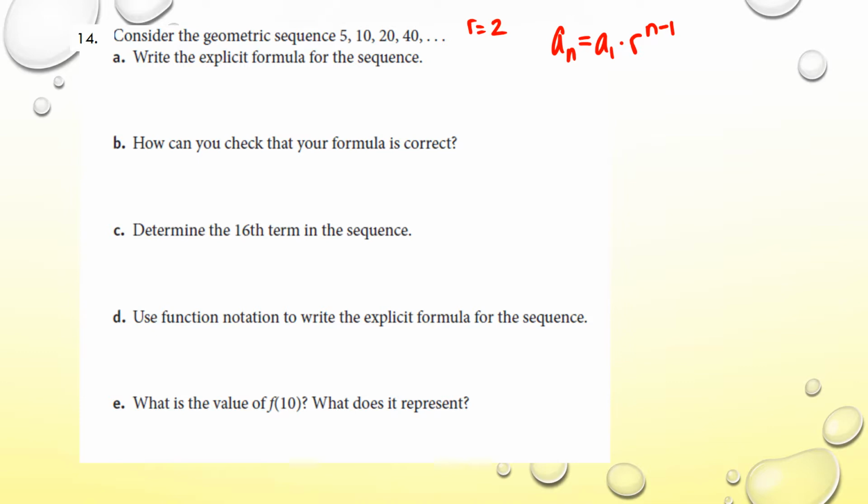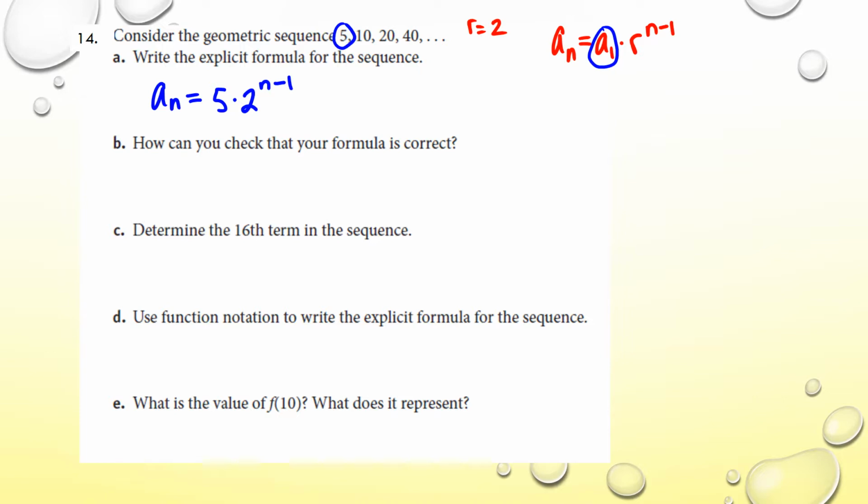So for this particular sequence, a sub n would be, the first term is 5, that's what a sub 1 is. So 5 times, the common ratio is 2, and it would be n minus 1.